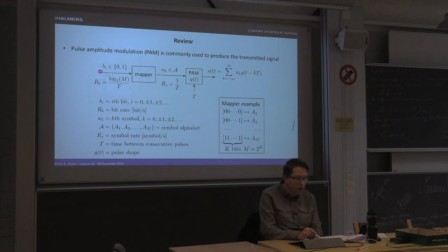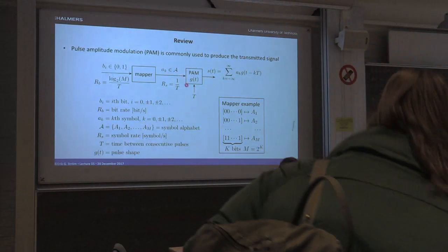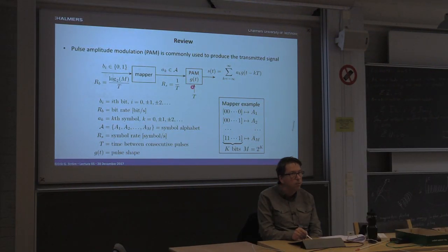So we have a bit stream coming in, which is converted to a stream of amplitudes. Each of these amplitudes is then multiplied individually with delayed versions of the basic pulse to form the transmitted signal. If we talk a little bit about rates, how fast we are transmitting information, then this capital T is sometimes explicit in this block, as we printed here.